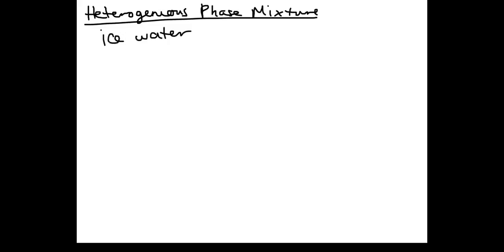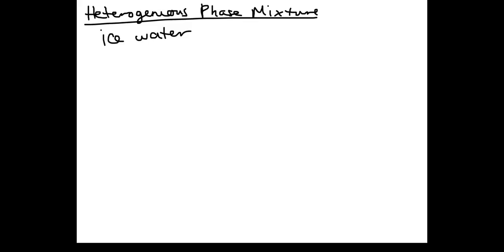Cereal is also an example of this. Also, soda is a heterogeneous phase mixture because you have liquid and you have gas bubbles, so they're not uniform.